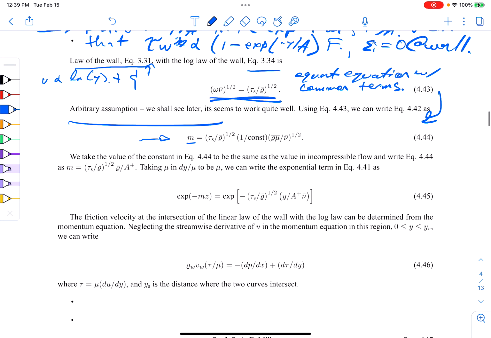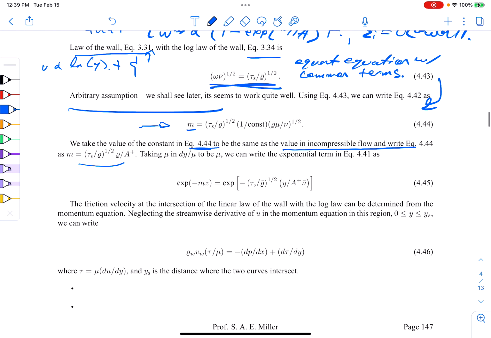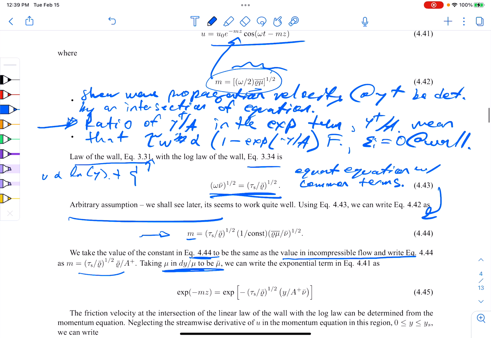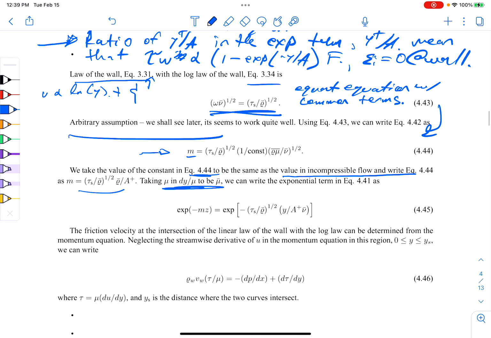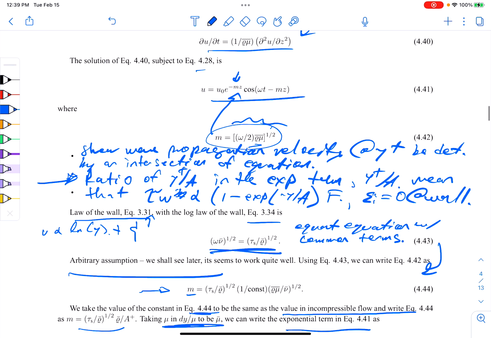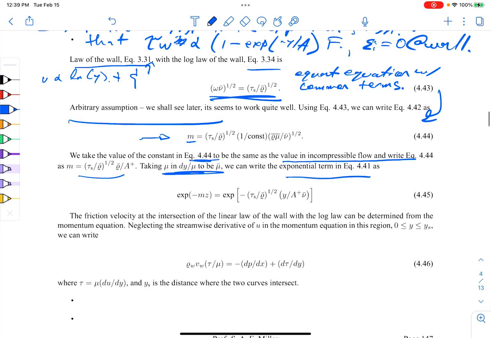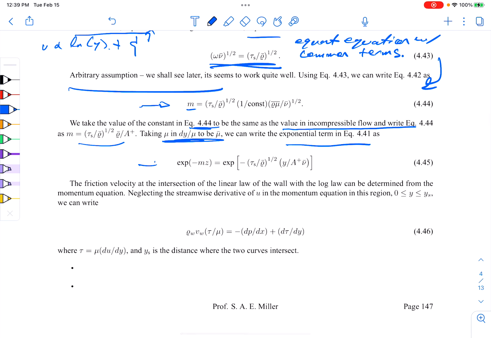So now we're going to take the value in 4.44, and it'll be the same value as in incompressible flows, and write 4.44 a little bit differently in terms of a plus, and we'll take that substitution of mu and dy up here for the original substitution and write 4.41, which is our analytical solution, in this form of 4.45.